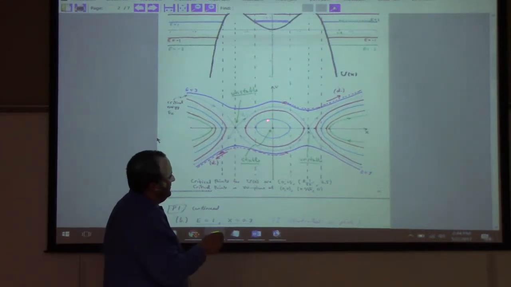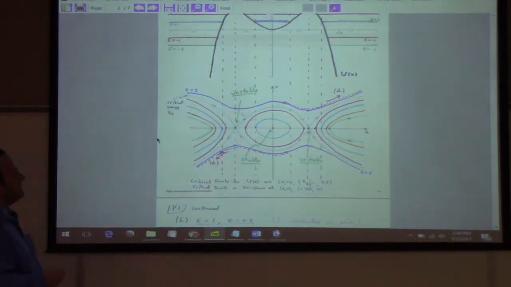And so whatever you do, you're always going between this and this maximum position, right? So the motion's bounded in that case. On the other hand, if you have energy 1 and you start out over here, you're either just going to go off to infinity like that, or you're going to bounce here and then go off to infinity. So in either case, your motion's unbounded. In the other case, energy level 3, it doesn't matter where you start.